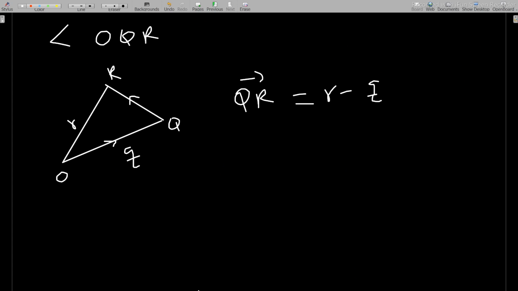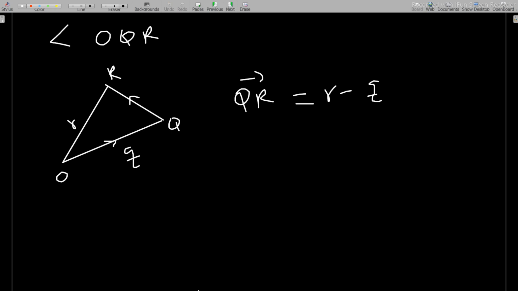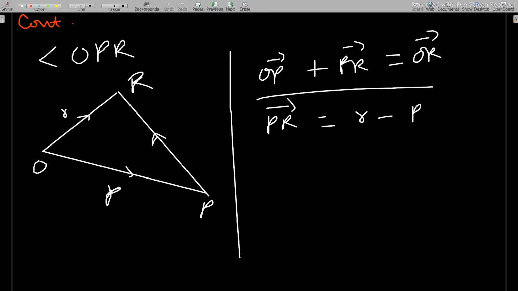Now with this, let's go ahead and write our formula. We said that PR over QR is equal to M over N. So with this one, PR was given us what? Go ahead and pick it. This is PR, it is r minus p. And QR was given us r minus q, okay?